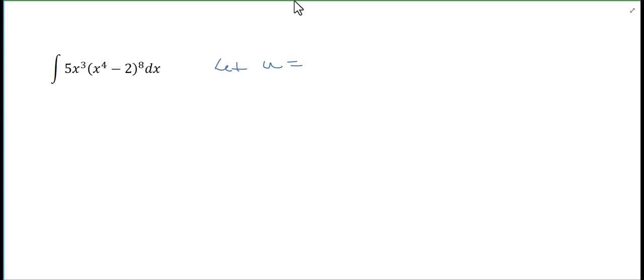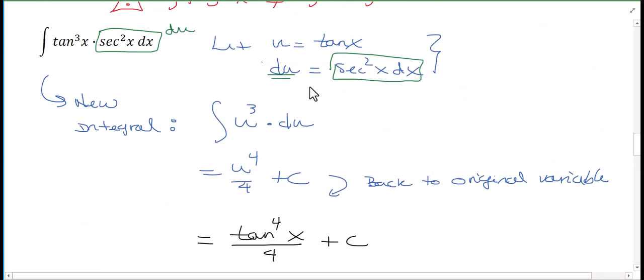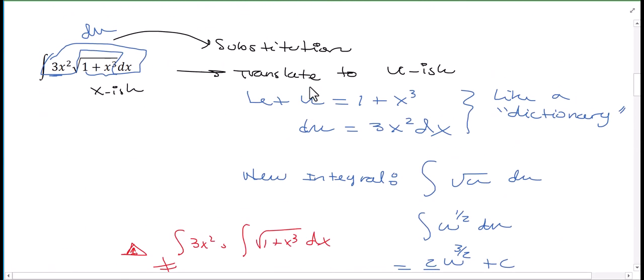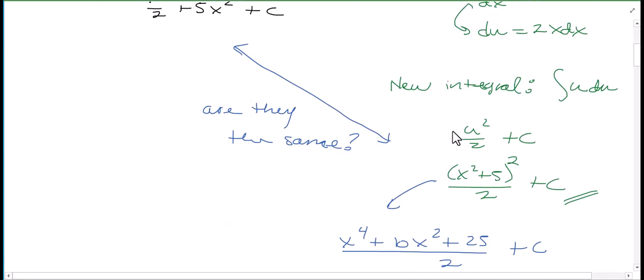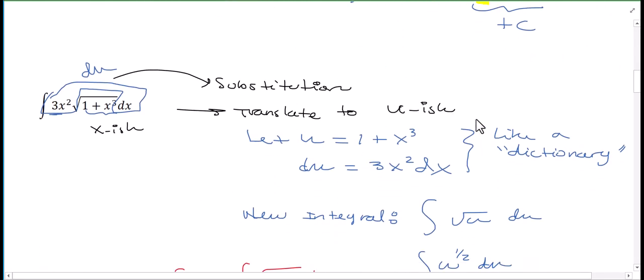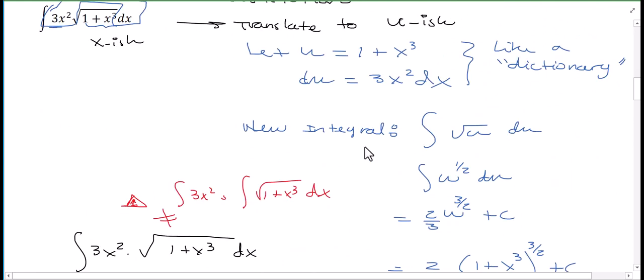Most often, the u is something that's trapped inside of something. Because u-substitution is undoing a chain rule, going back to the first and second problem, notice that we let u be the thing in the parentheses, x squared plus 5. Here we let u be the thing inside the square root, 1 plus x to the third.